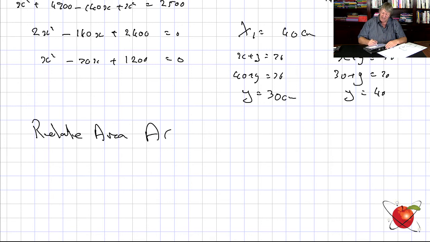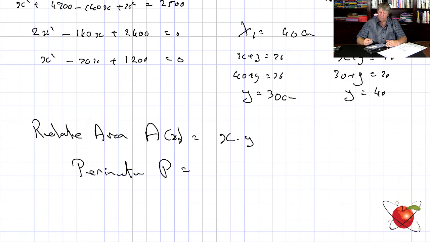In other words, A of x, maybe y, is going to be x times y or something like that. You are going to then take your perimeter. Okay? Perimeter is equal to something else. Then you are going to equate them because they will tell you the area is this. Work out the perimeter or the breadth or the length, right?